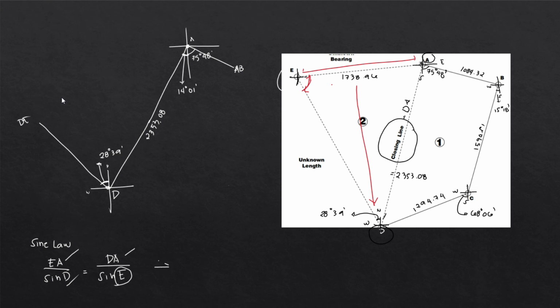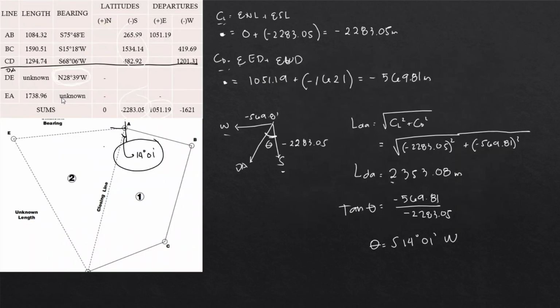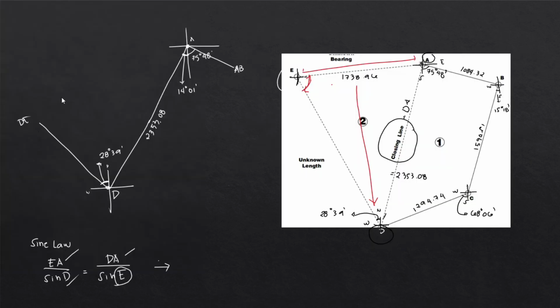So, solve natin. EA natin is equal to, tingnan natin, EA, o yan, 1,738.96. Okay, so meron tayong 1,738.96 over sine D. Ano yung D natin?